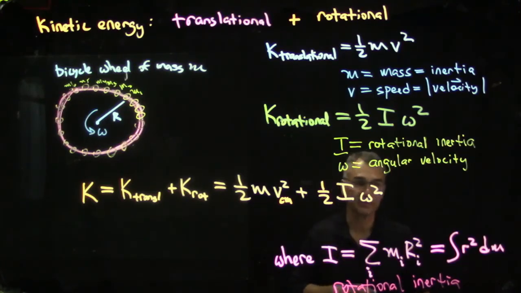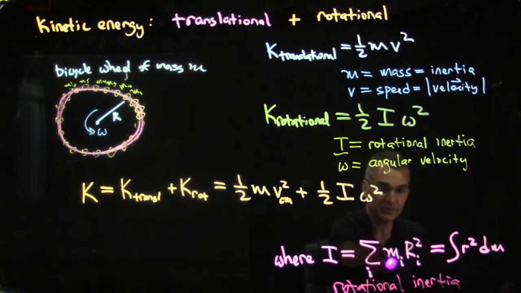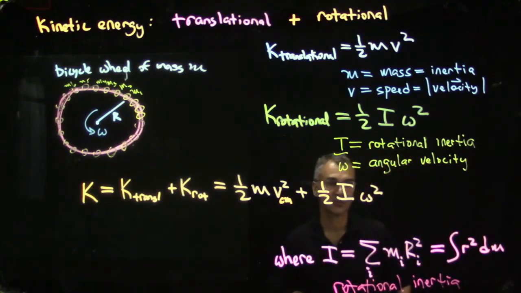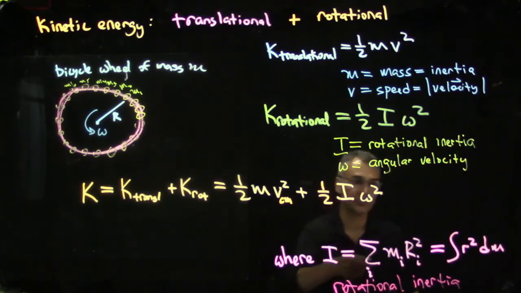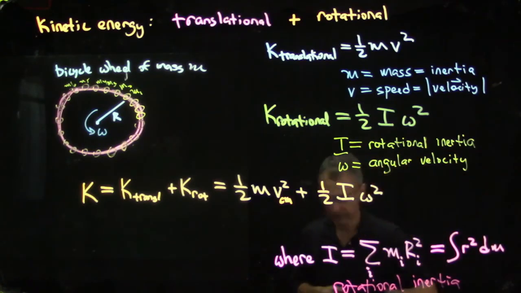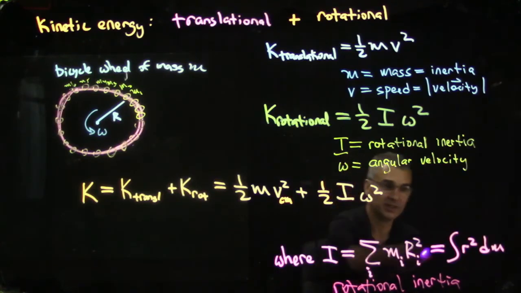We take the tiny little mass of each constituent times the square of the distance of each constituent from the axis of rotation. And for the moment, we're assuming the axis of rotation coincides with the center of mass. You can make that a sum if it's a discrete set of objects, or if it's a continuous object, like a hula hoop or a baseball or a wheel rolling down the street, then you can make this an integral instead.